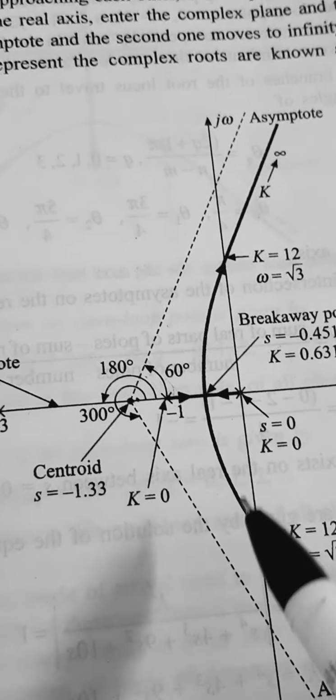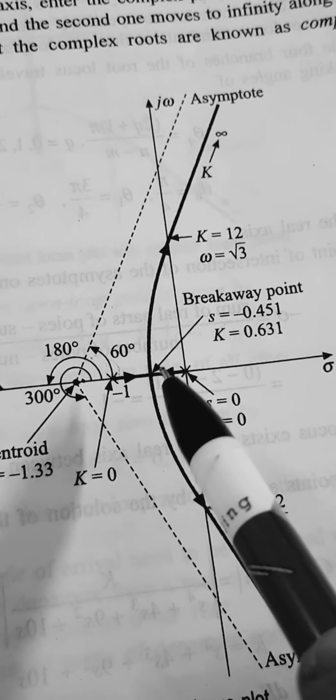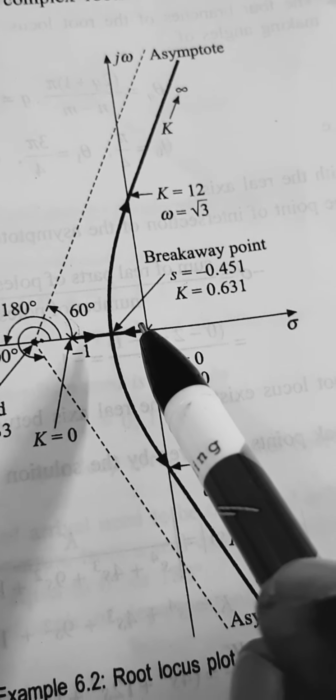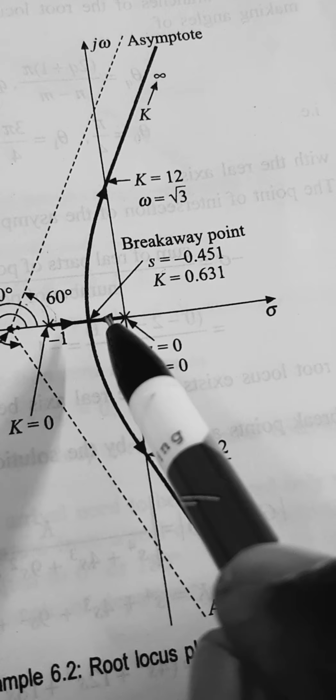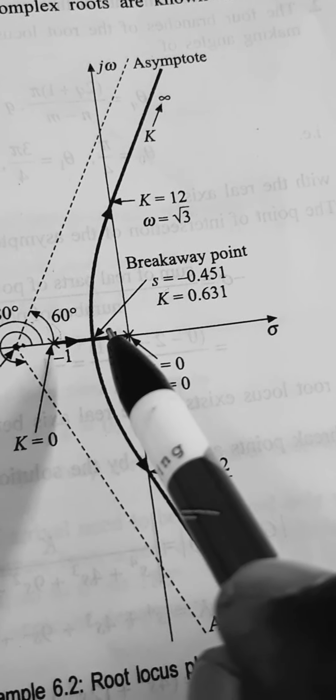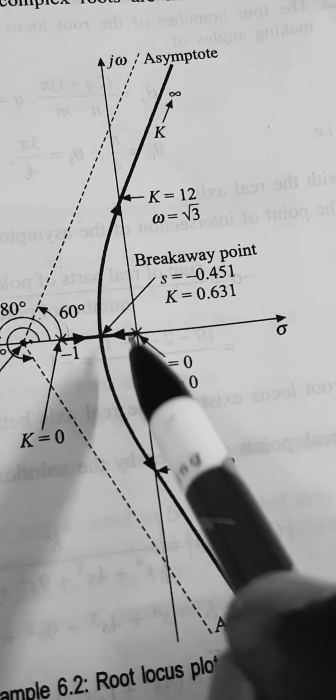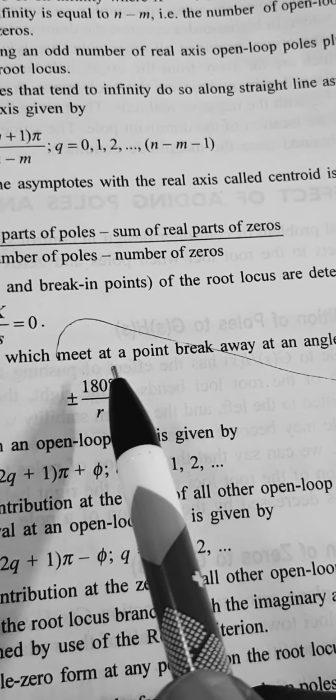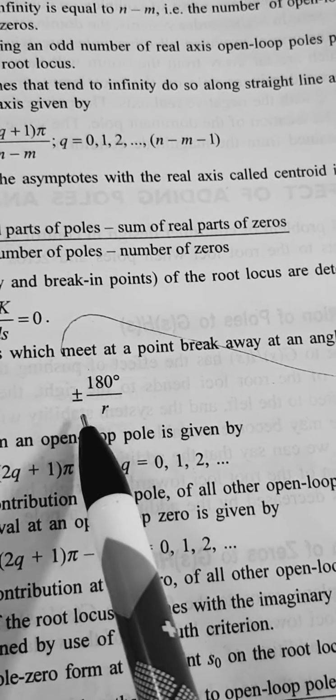That is, you can see here, at one point it will break away into two branches, and the angle is plus or minus 180 divided by 2, that is 90 degree. So here you are getting 90 degree. So as per this, the angle of breakaway or meeting point is plus or minus 180 degree by r.